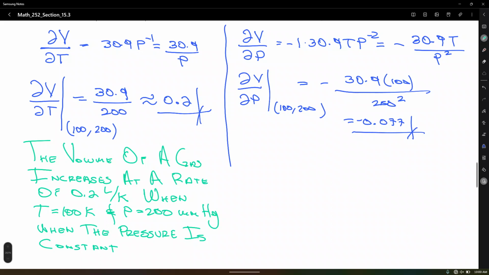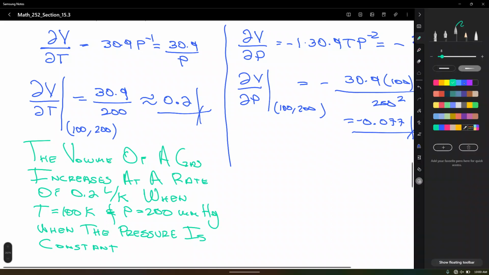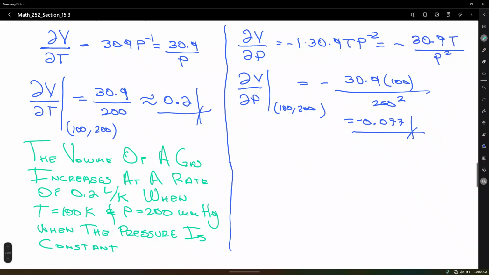All right, let's have a look at the interpretation of the second result. So this means that the volume of a gas decreases. How come decreases? That's because of the negative sign in the result.